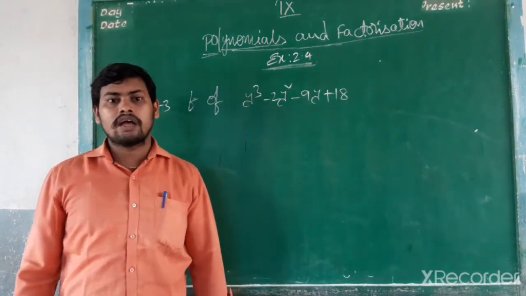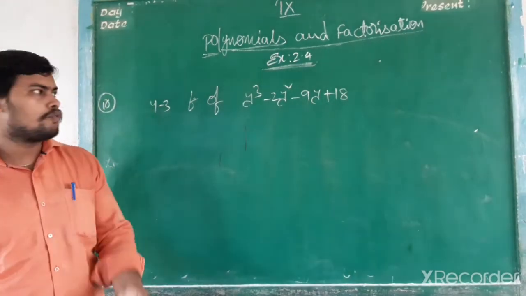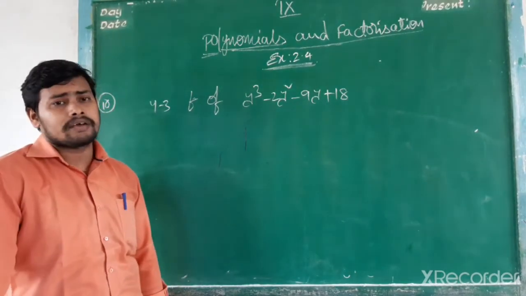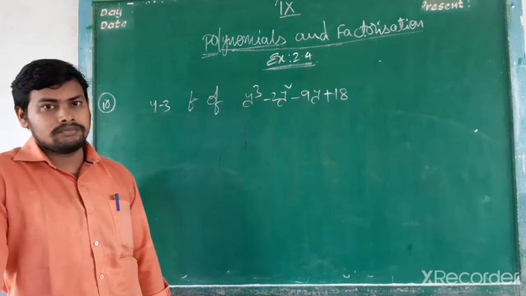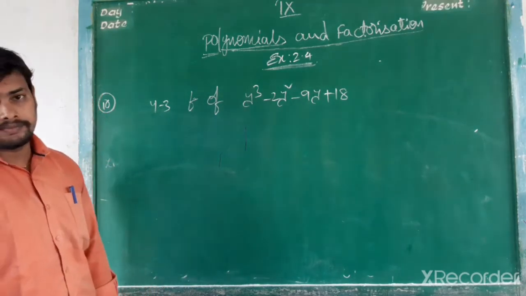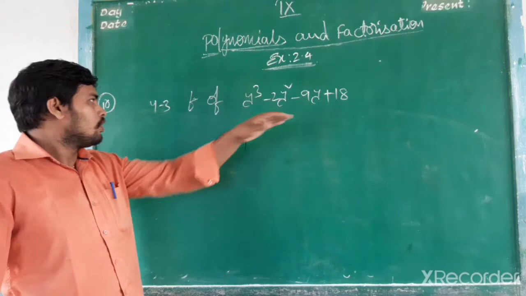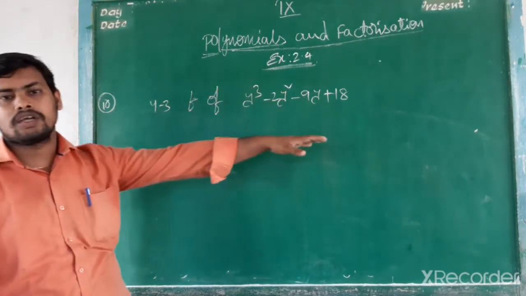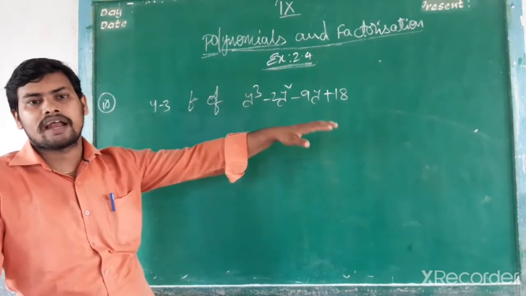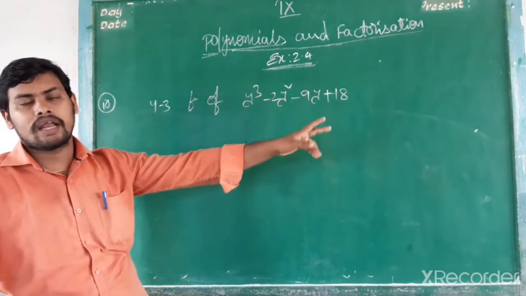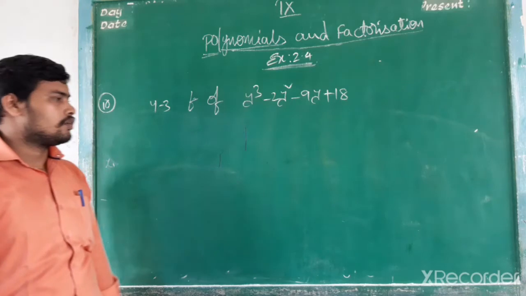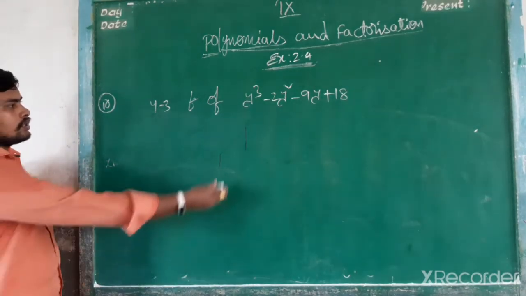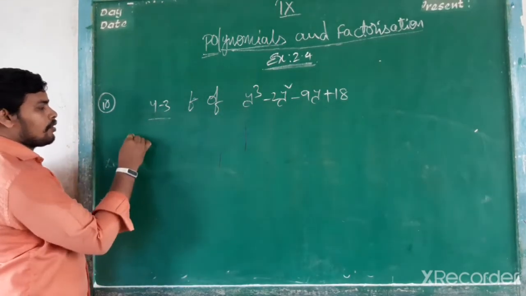We should find out the other two factors. We already know that with long division, if you divide this polynomial by that polynomial, there is a quotient. We simply calculate the factors of that quotient. So we get the other two factors. Okay, that is one method. Simply divide this polynomial by y minus 3.